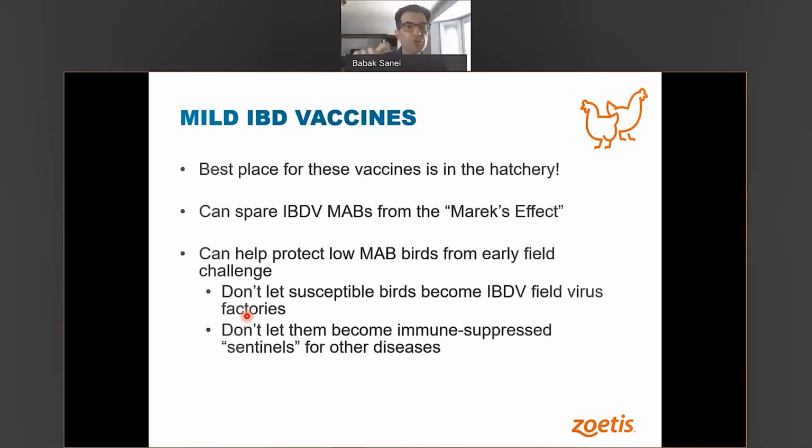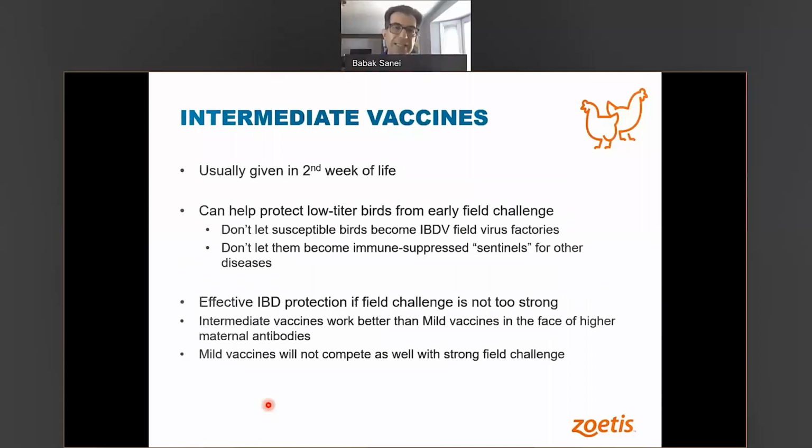For those birds, you actually need a second vaccination at the farm in order to protect the bird. The second group are intermediate vaccines. These are stronger. As an example, I would say Bursine 2, SVS 510.